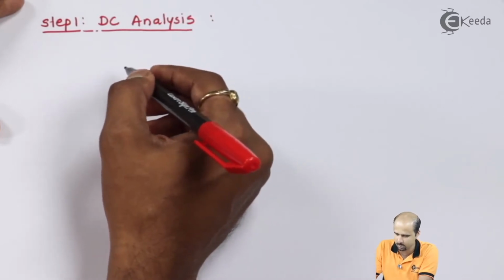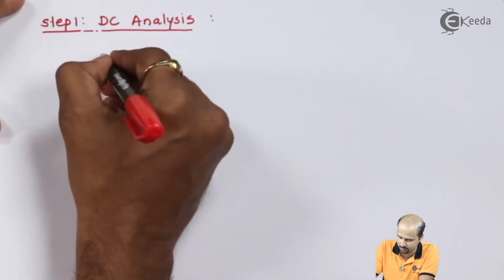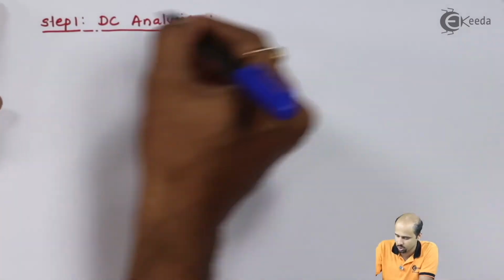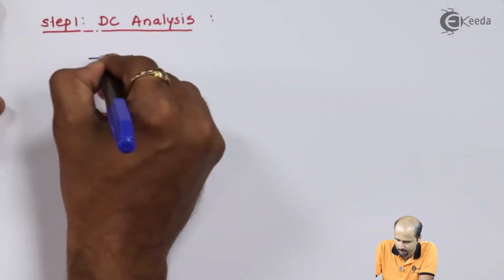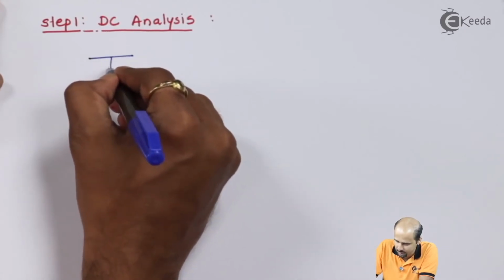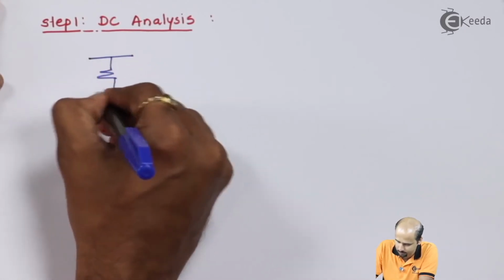As far as the DC analysis is concerned, we'll first draw the DC equivalent circuit by opening all the coupling capacitors and bypass capacitors, so that we will get the JFET first.